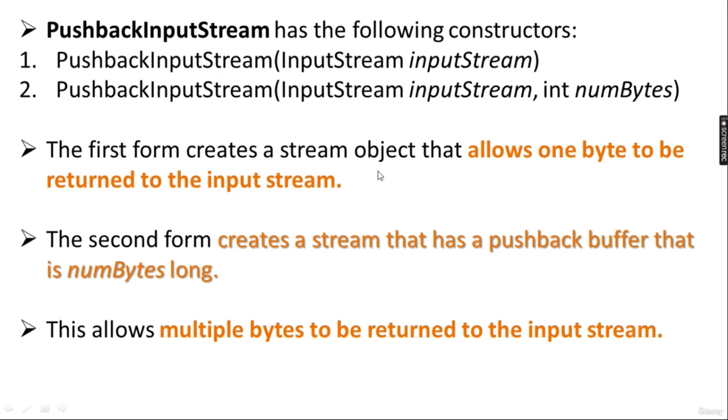That depends on us as programmers. This allows multiple bytes to be returned to the input stream if we specify more than one byte, so that it will speed up the process.